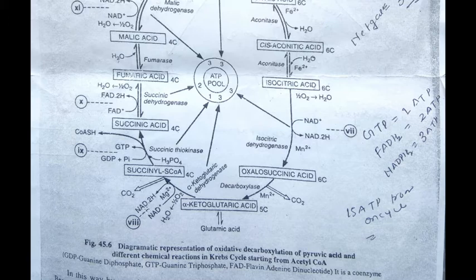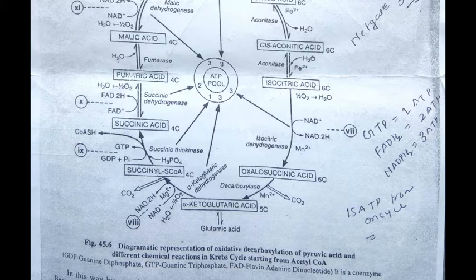It's an energy molecule. You can learn the enzyme: alpha ketoglutaric dehydrogenase is the enzyme used in this step, for the conversion of alpha ketoglutaric acid into succinyl coenzyme A.